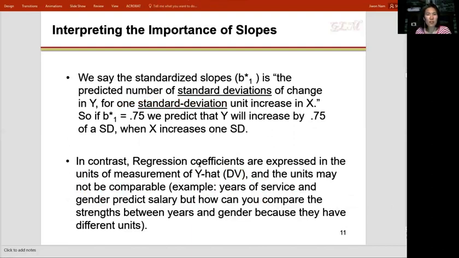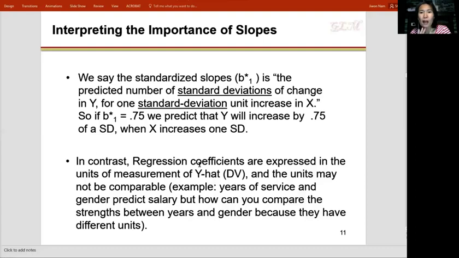Interpreting the importance of slopes, we say the standardized slope B1 star is the predicted number of standard deviations of change in y for a 1 standard deviation unit increase in x. For example, the beta weight is equal to 0.75.